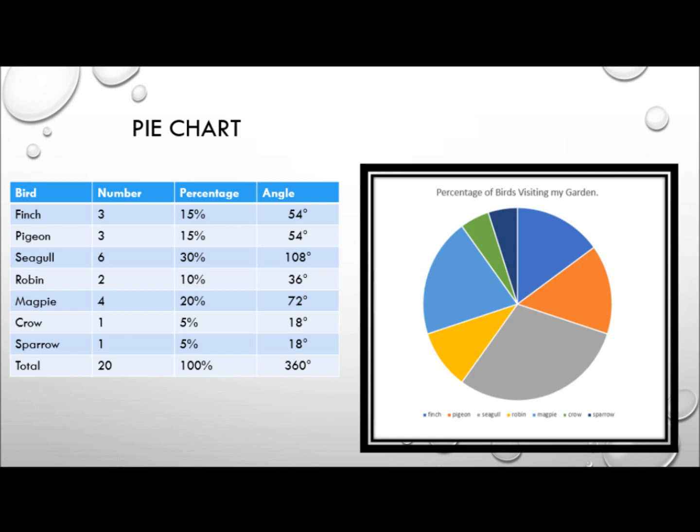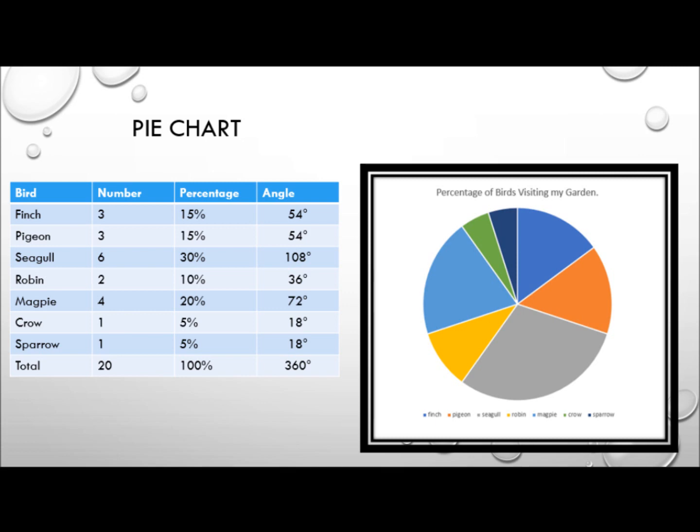In the real world, due to rounding errors, you'll have decimals of a percent or decimals of an angle. So you might have something like 53.8 degrees or 52.1 degrees or whatever, and when you've rounded them to the nearest degree, because your protractor only shows single degrees, you might find that due to all those rounding errors you end up with 359 degrees or 361 degrees.